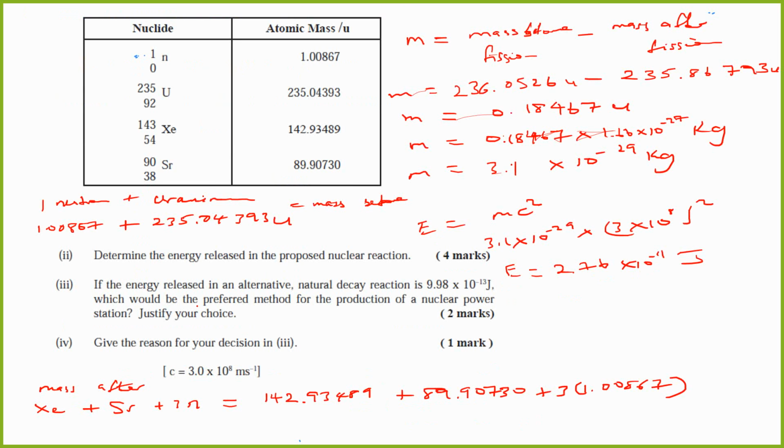Now, they're asking us to compare to see which one of these would be the preferred method for the production of a nuclear power plant. Which one of these methods do you agree with? Which method do you think you would use?